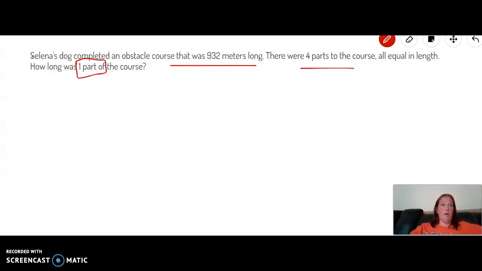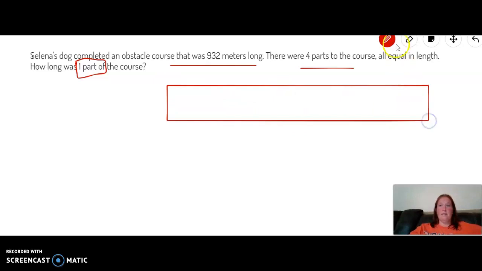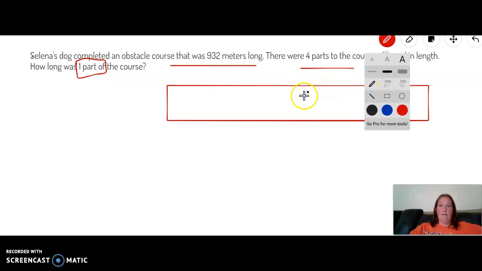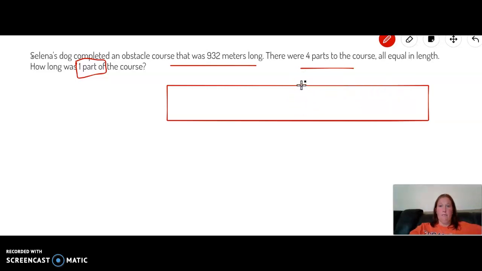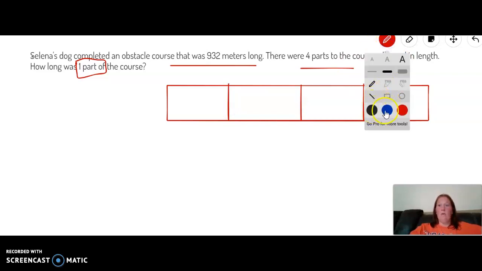Okay, we know there's 4 groups. Let's make our tape diagram. And when I split something into 4s, I'm going to first cut it in half, the best that I can. Okay. And then I cut the halves in half to make quarters. 4 pieces.